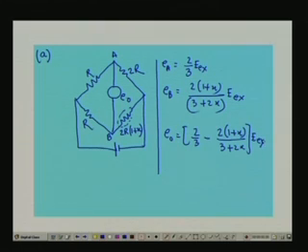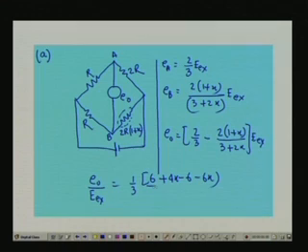So, I can write that the output voltage by the excitation will be given by 1 by 3, (6 plus 4x minus 6 minus 6x) upon 3 plus 2x.